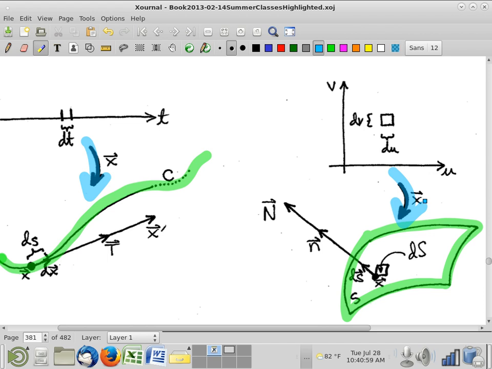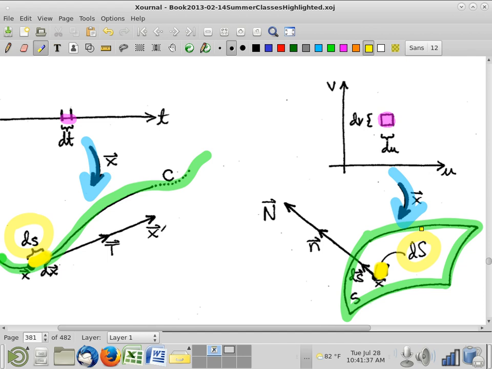In both cases, we use the parameterization related to a much more desirable piece of the parameter space, dt for line integrals, du dv for surface integrals, to get our hands on what we're actually interested in. Here it's the length of a piece of curve. Here it's the area of a piece of surface. I'm trying to color code the analogs here.